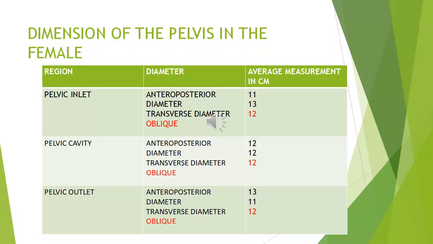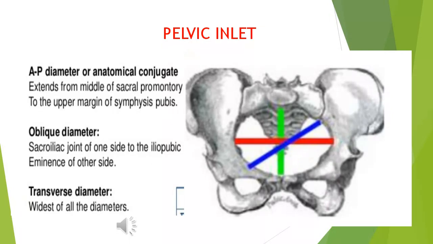And the oblique diameter in all three, inlet, cavity and outlet, is 12 centimeter in length. So these are the measurements or dimensions of the female pelvis. In this diagram you can see the anteroposterior diameter, the anatomical conjugate, from the middle of the sacral promontory to the upper margin of the pubic symphysis; the oblique diameter from the sacroiliac joint of one side to the iliopubic eminence of the other side; and the widest of all diameters is the transverse diameter.